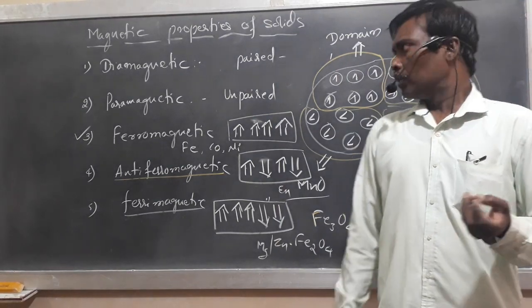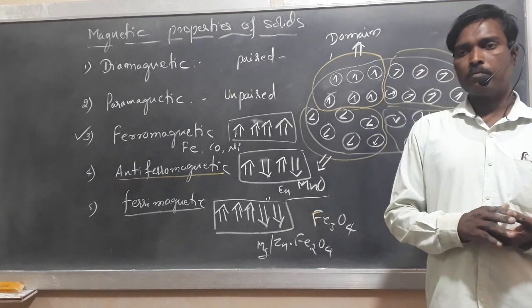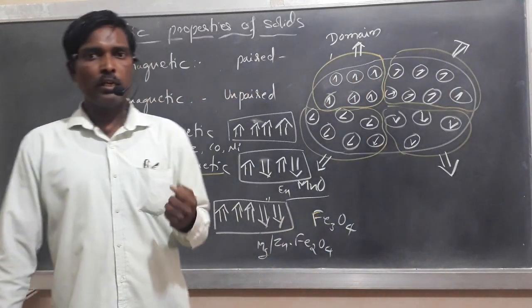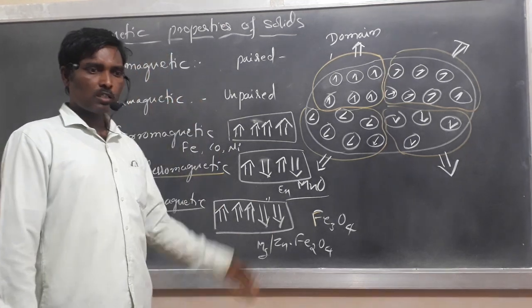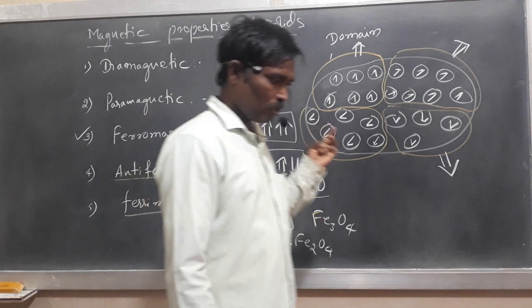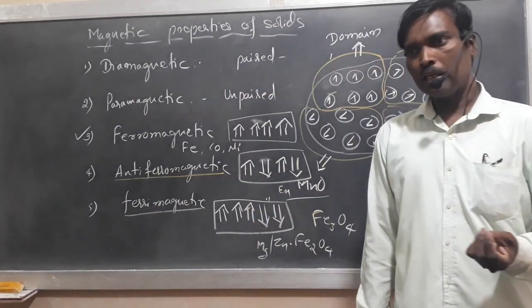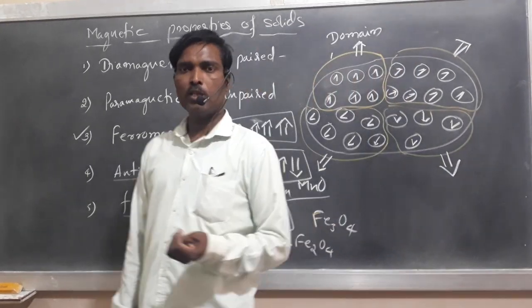Then we studied close packed structures in 2-dimensional and 3-dimensional manner. Then we saw some numericals based on unit cell dimensions. We calculated the density using the formula D equal to Z into M divided by N into A cube.